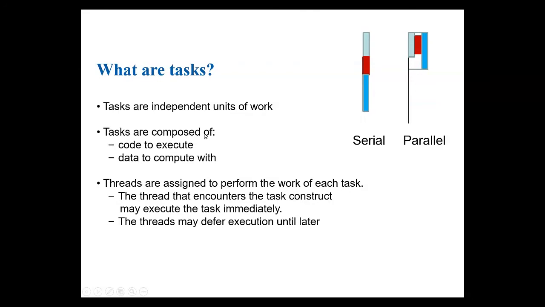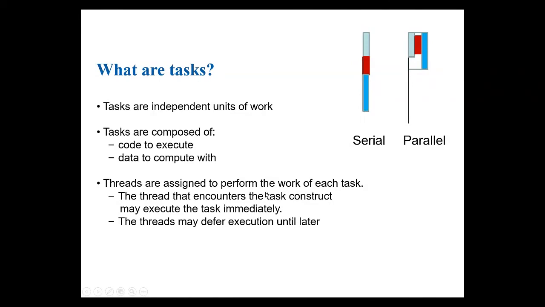Each task is composed of code to execute, and also some data to compute with. And then if each thread can pick up one task, and we have a team of threads working on different tasks, then we can parallelize it, and eventually the goal is to decrease the runtime of your code.